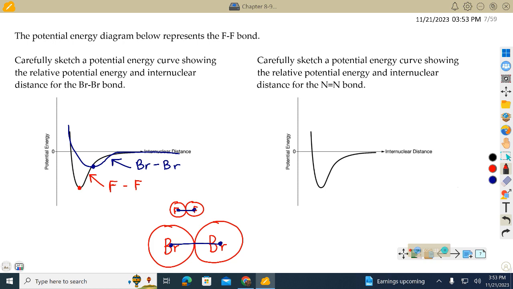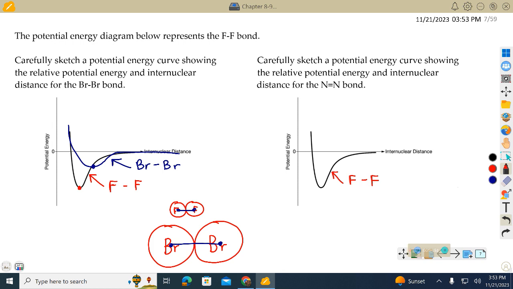It's going to take more energy to break a triple bond, so more energy would be released when the triple bond forms. So the low point should be lower than this one. If this is the fluorine-fluorine bond, that lowest point is going to be lower for the triple bond. More energy released when a triple bond forms, more energy needed to break a triple bond.